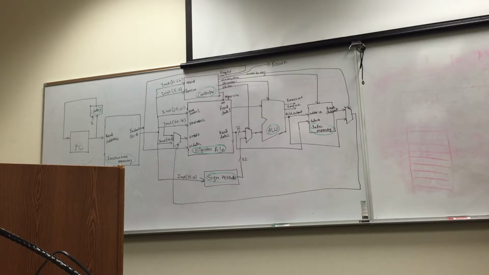Memory type of array. 0 to, so we defined address width, right? 2 power address width minus 1. Okay, of what? Reg type, correct.